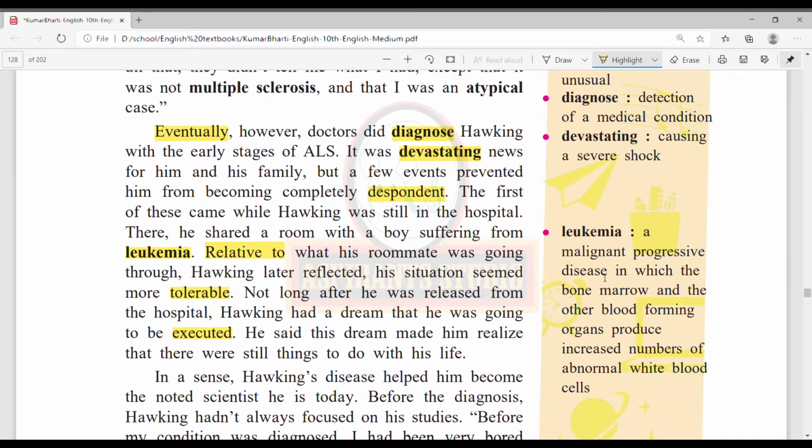Leukemia means a malignant progressive disease in which the bone marrow and the other blood forming organs produce increased numbers of abnormal white blood cells. Relative to means compared to. Tolerable means acceptable. Executed means killed in a planned fashion.